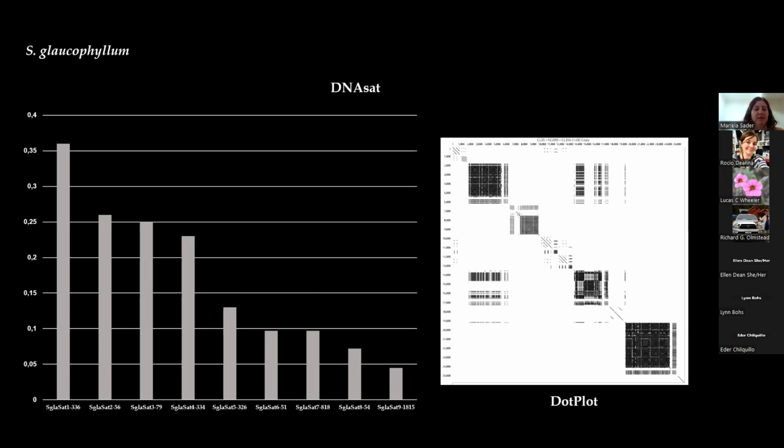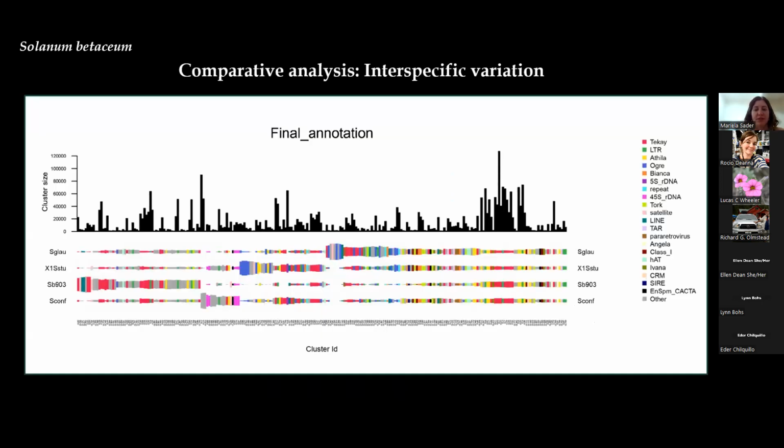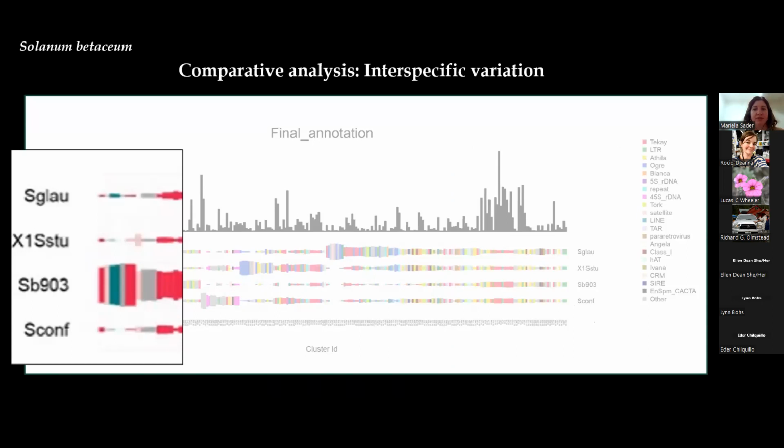So we can see that there is a difference between these species. In the comparative analysis, in this case, we can observe an interspecific variation. For example, there are satellites here in pink that are conserved and shared by the 4 species that we are studying here, with different abundance, but the same sequences.